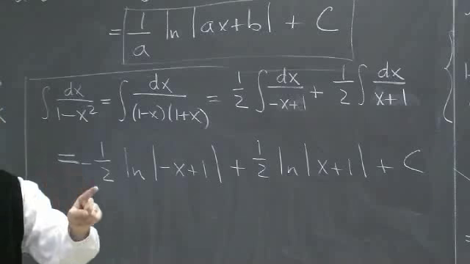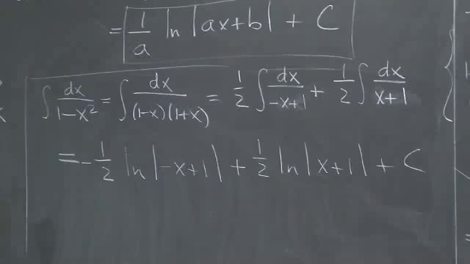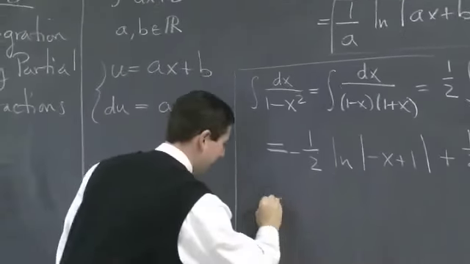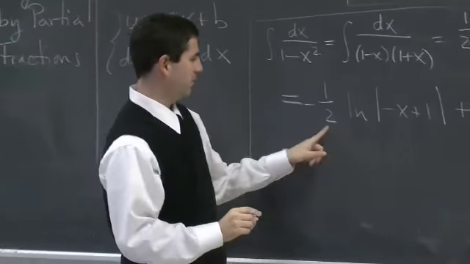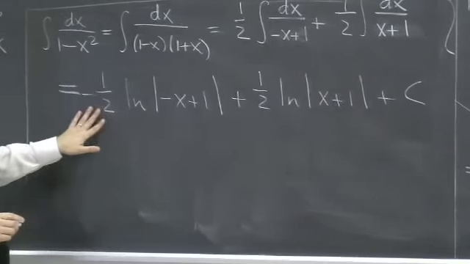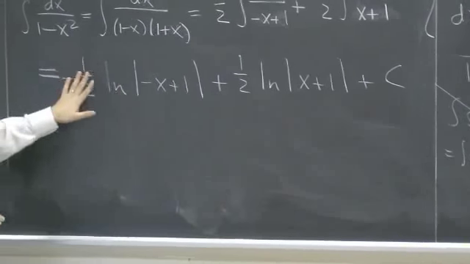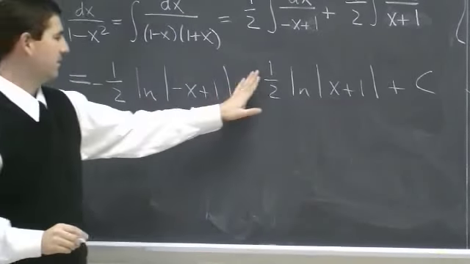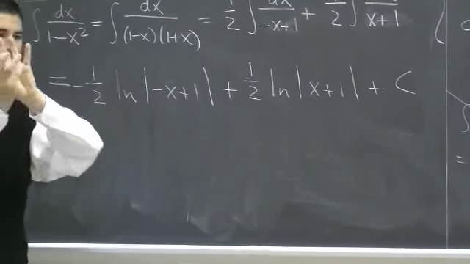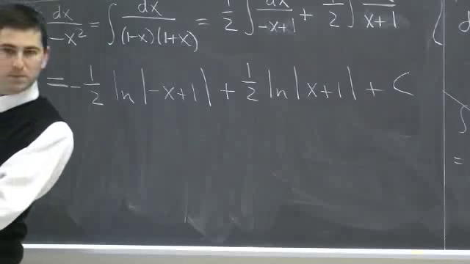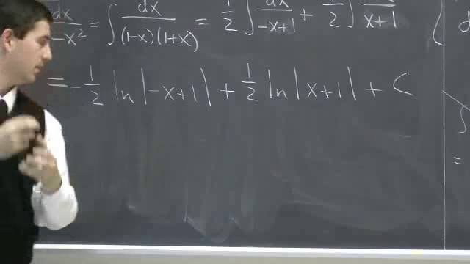But wait, there's more. If you act now, we can simplify this expression. First thing, you see I got this minus 1 half, and this half out front of a log. What can you do with something that you multiply into a log? You can pull it up into the exponent.